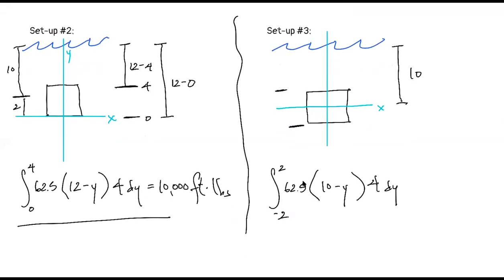And I'll leave you to do this on your own time if you would like, but when you integrate, you should still end up with the same answer, okay? So answers are the same, integrals not that challenging, but knowing the setup, that part is definitely where the work is, okay?